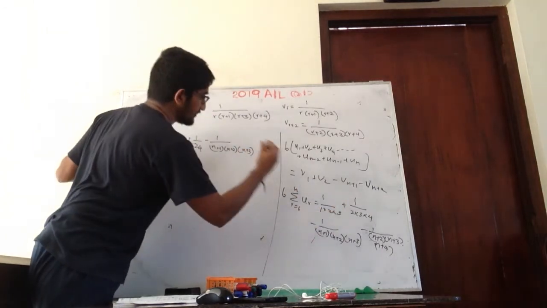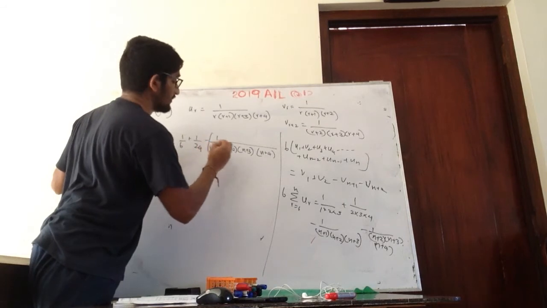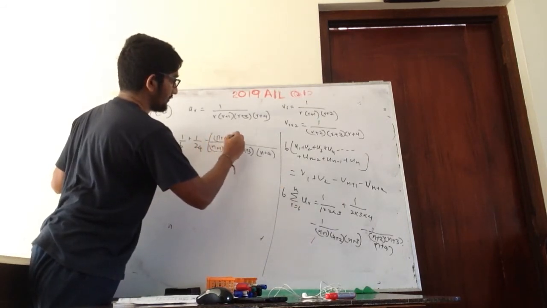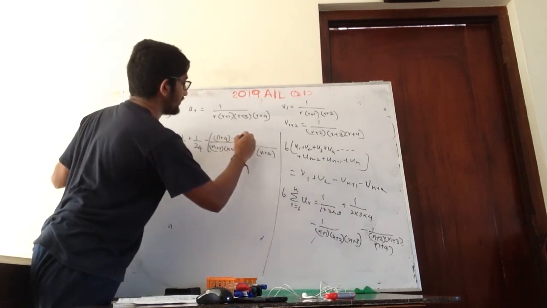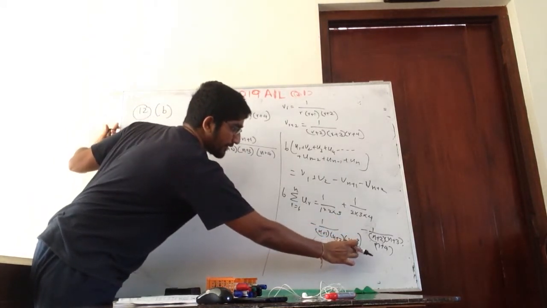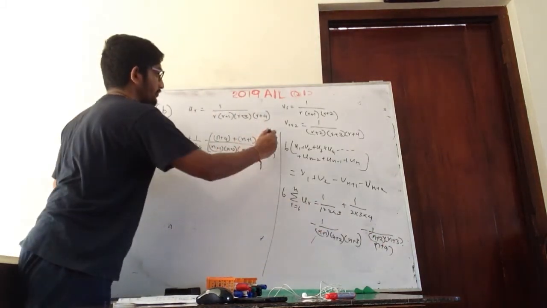I am going to take all these up, so I will have n plus 4 here plus n plus 1 here. This whole part, n plus 2, n plus 3, is common. The only uncommon ones are n plus 1 and n plus 4. So I have put this here.